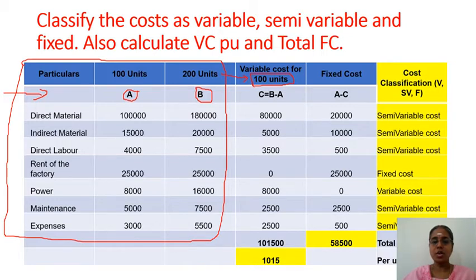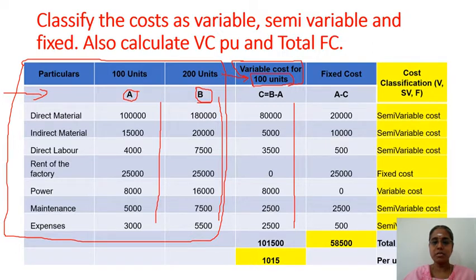Accordingly, you have to calculate and put the heading for this column, variable cost for 100 units. So first, let us see the variable cost for 100 units, which is column B minus column A, your column C, which is variable cost per 100 units.